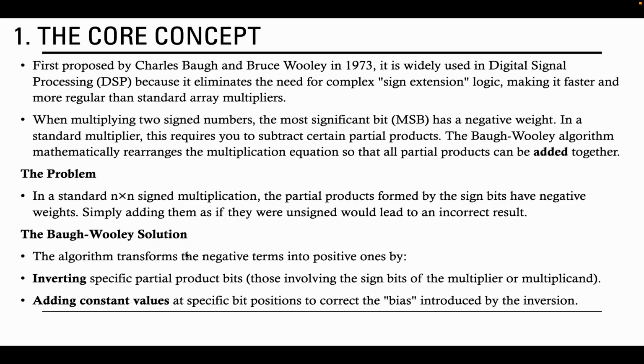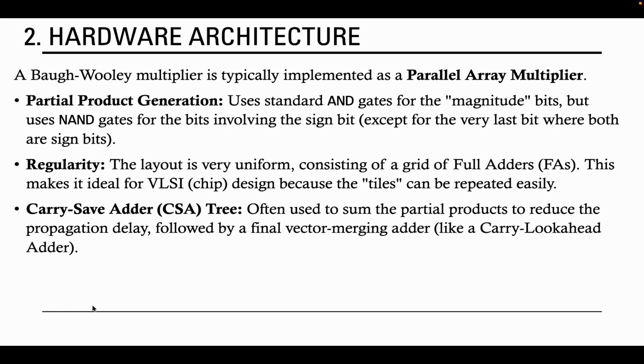The algorithm transforms the negative terms into positive ones by inverting specific partial product bits, those involving the signed bits of the multiplier and multiplicand, and adding constant values at specific bit positions to correct the bias introduced by the inversion. We'll discuss the inverting part in the next slide. The adding of the constant values will be discussed in the last slide.